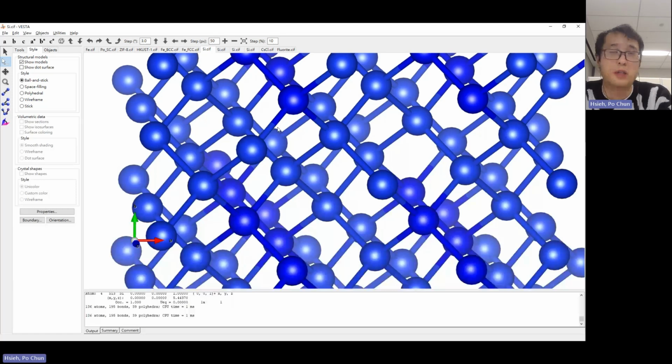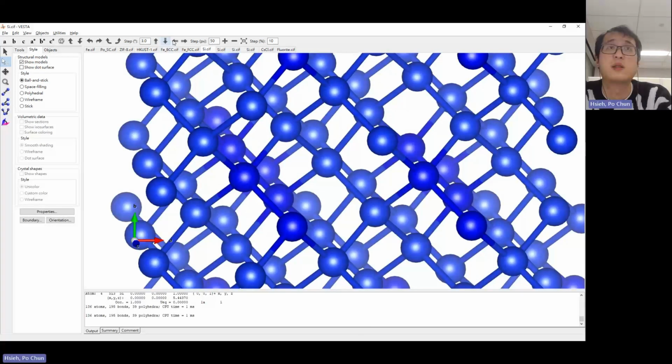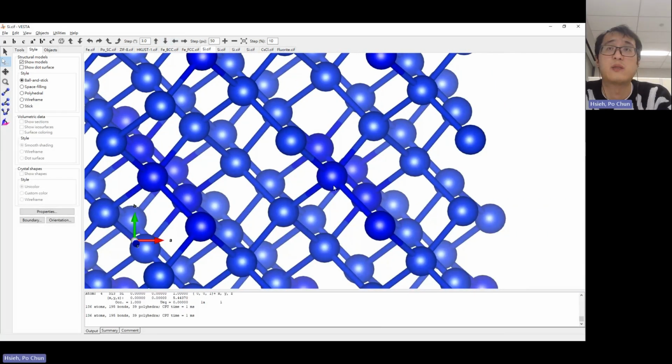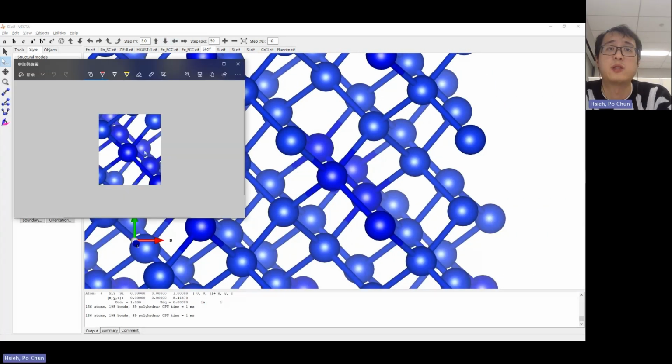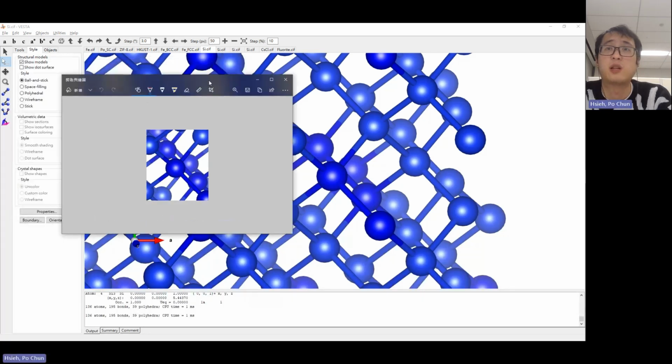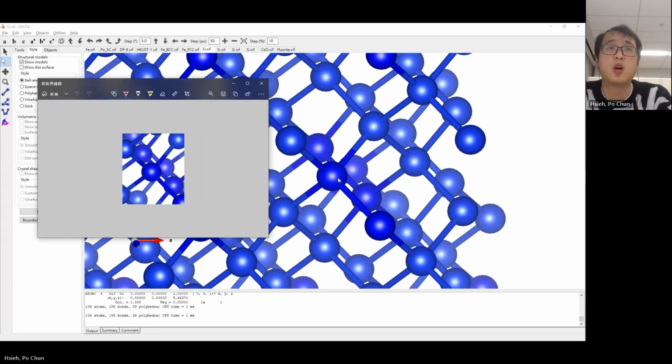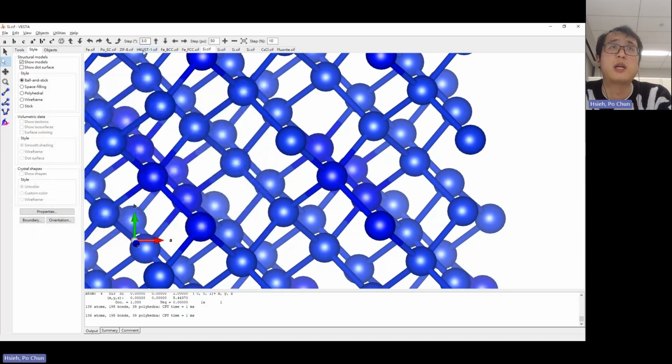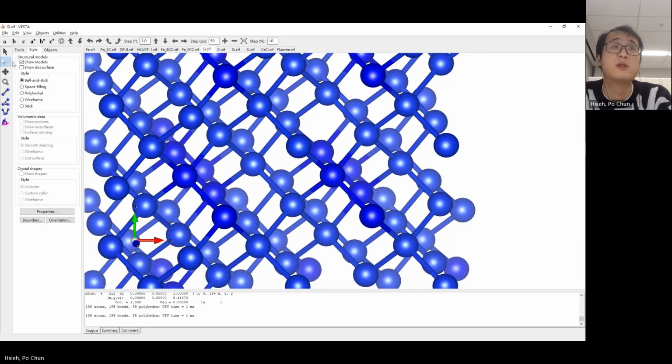On the other hand, if I'm looking at another silicon here, let's look at it, and compare it to this silicon atom. Can you tell the difference between them? No, they look totally the same. So what does it mean? It means these two silicon are equivalent points. So let's highlight them. This one and this one. And let's find out more. So this one is actually also equivalent to them.